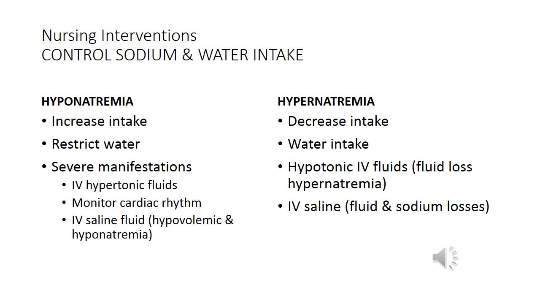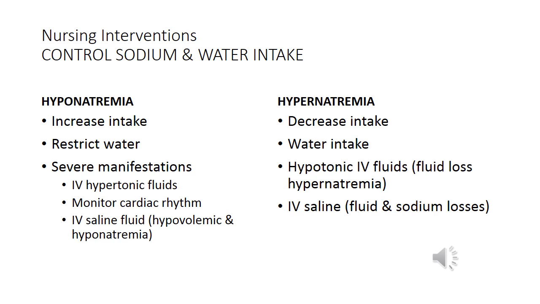For hyponatremia, increase oral sodium intake and restrict free water intake. For acute and chronic hyponatremia with severe manifestations, administer small volumes of IV hypertonic saline solution as ordered, only enough to increase the serum sodium level by 4 to 6 milliequivalents per liter over the first 1 to 2 hours.